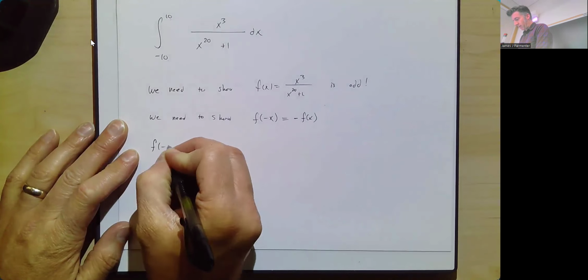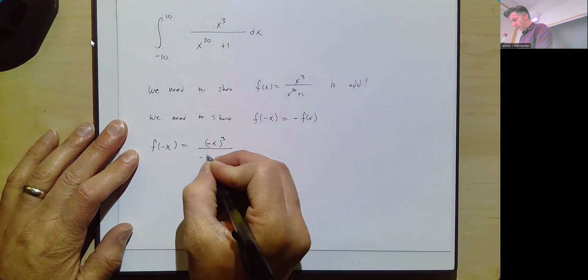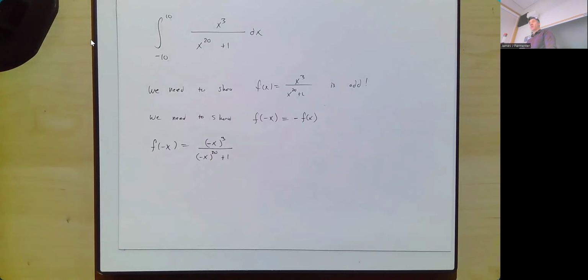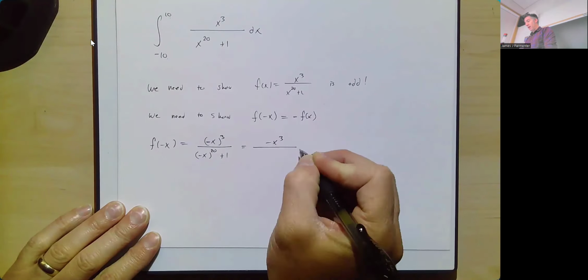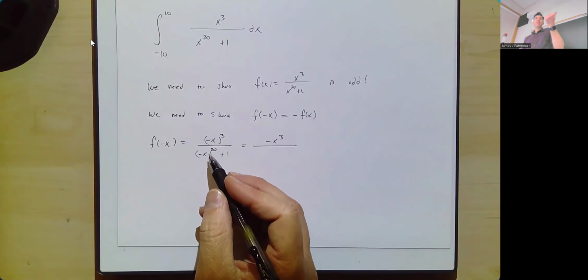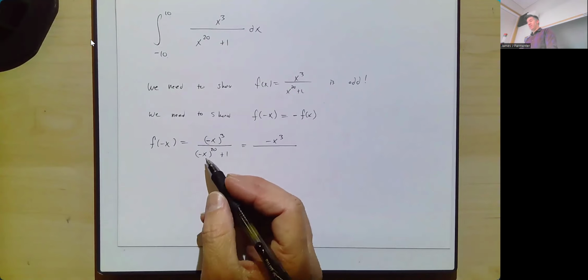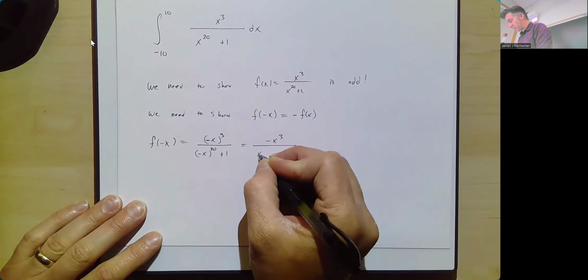So f of negative x is negative x quantity cubed over negative x quantity to the 20th plus 1. A negative thing to an odd power stays negative. Negative times a negative times a negative is negative. A negative thing to an even power doesn't stay negative. Negative x times negative x is positive x squared. So negative x times negative x 20 times is going to be positive x to the 20th power.